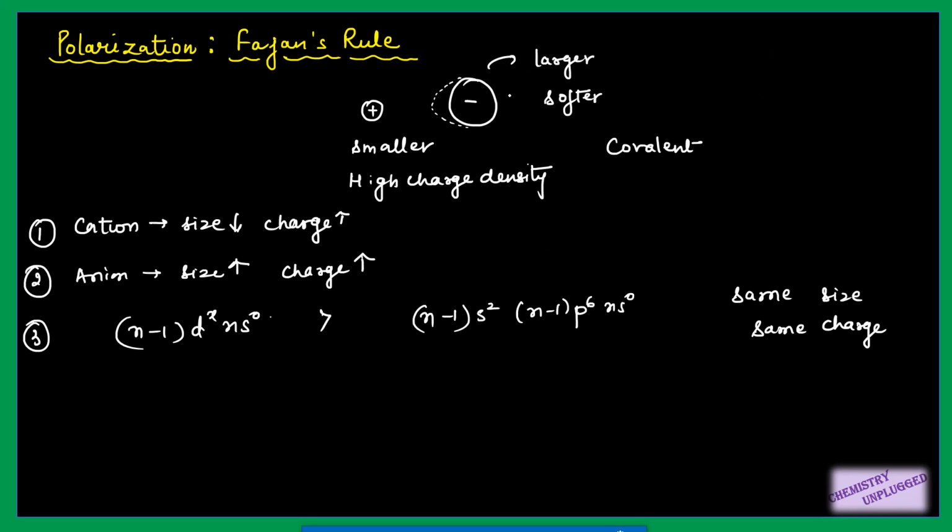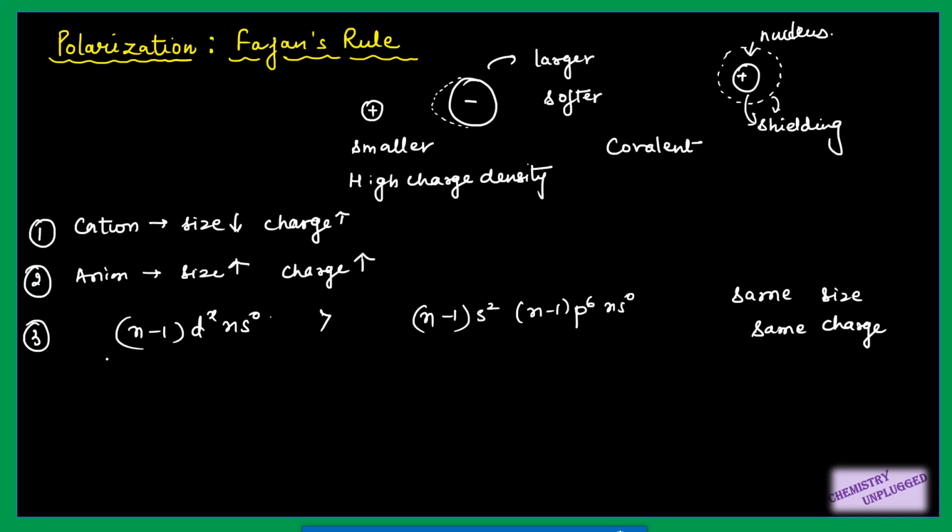So we know that this polarization is due to this positively charged nucleus, right? But in addition to this nucleus, this cation also has an electron cloud around it, and this electron cloud causes repulsion with the electron cloud of the anion, meaning it is causing shielding of this nucleus.